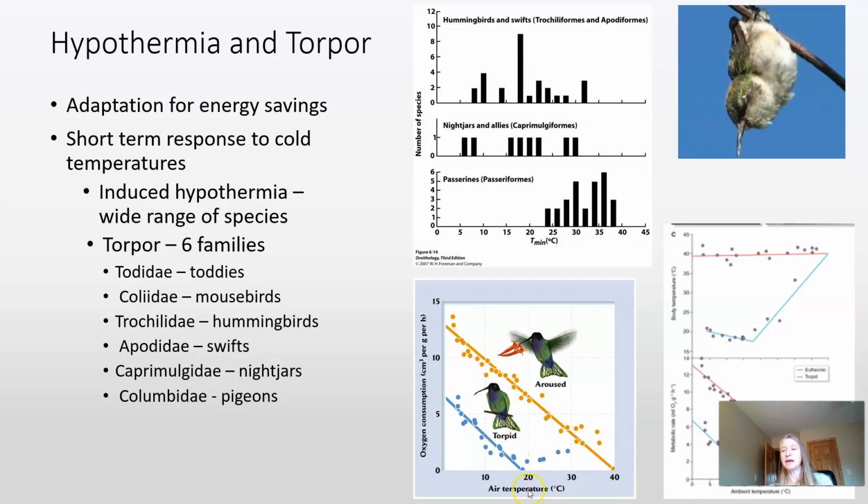In a torpid state, they're not spending as much energy when air temperatures are around 20 degrees Celsius, but even below 20 degrees Celsius, we start to see more oxygen consumed, more metabolic energy in this torpid state, but still this is a substantial energy savings compared to if that bird was aroused.